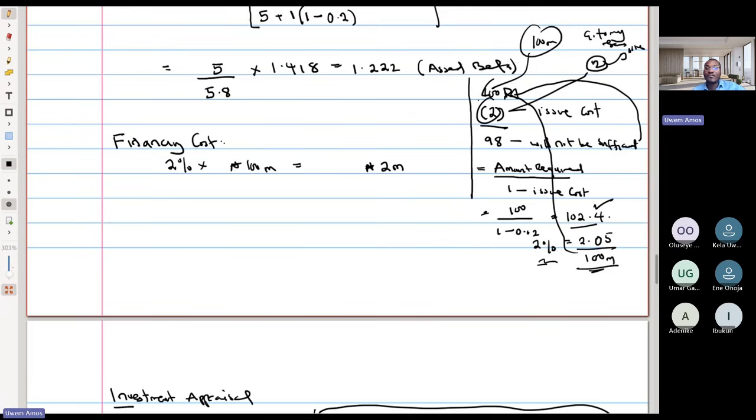Now, that concept is very important because if you don't get it right, all your values from that point onward would be wrong. So please, you must not miss that out. Okay, so we established that we're going to borrow, our issue cost is 2 million.